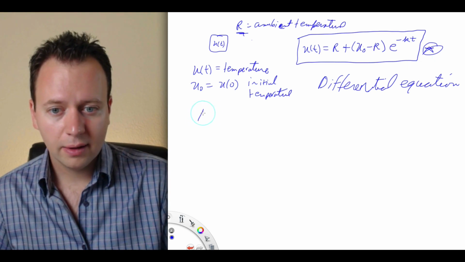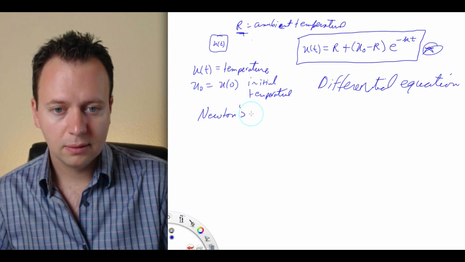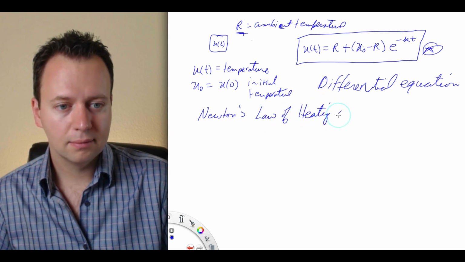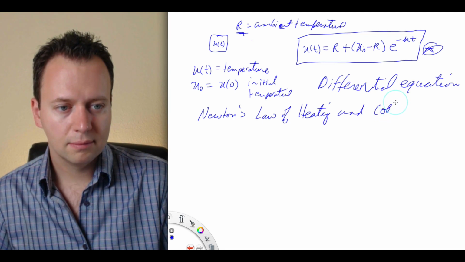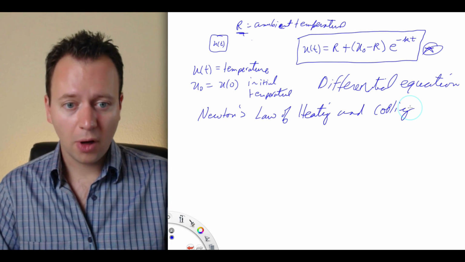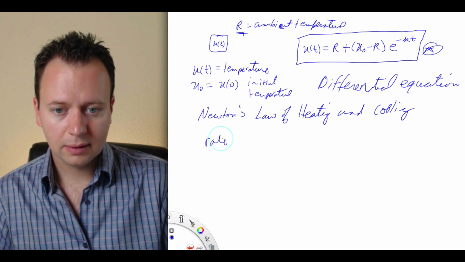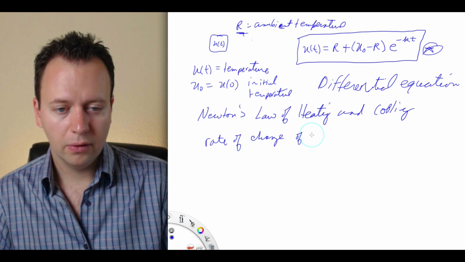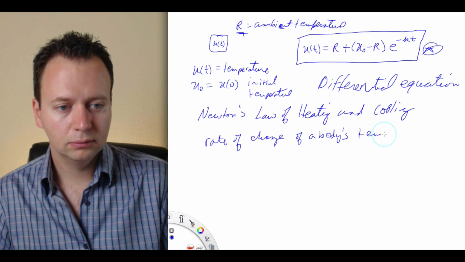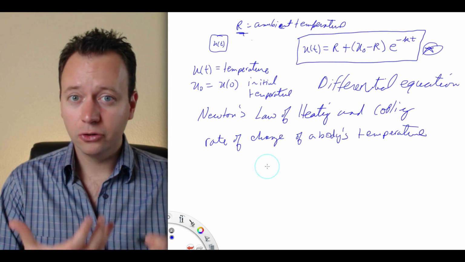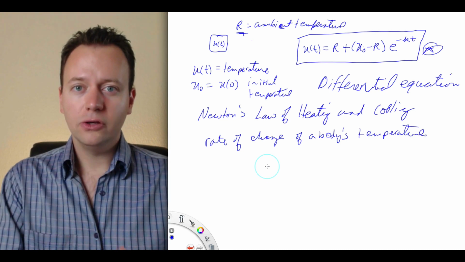So Newton's law of heating and cooling actually states that the rate of change of a body's temperature, so in this case it would be the derivative of u with respect to t, du dt.